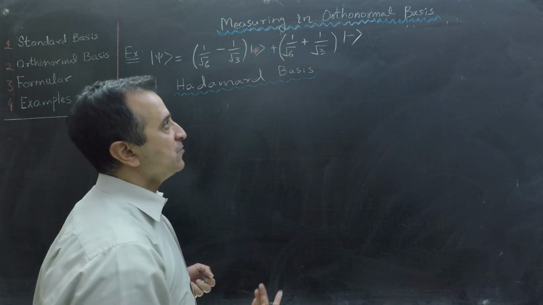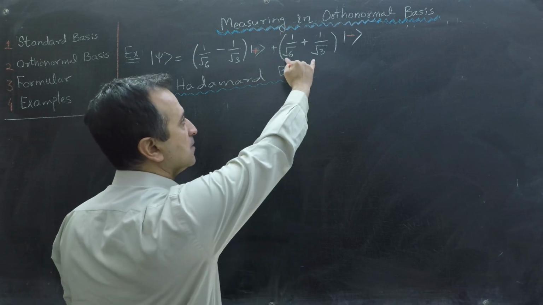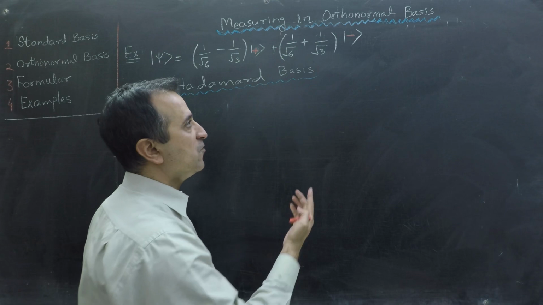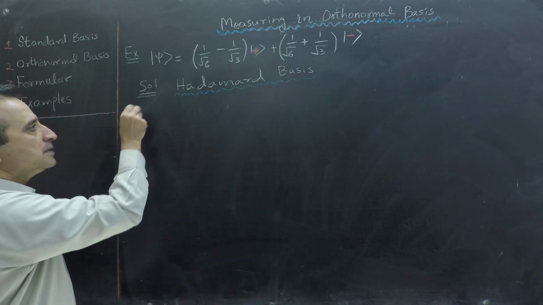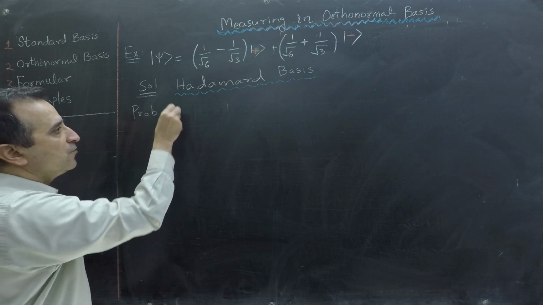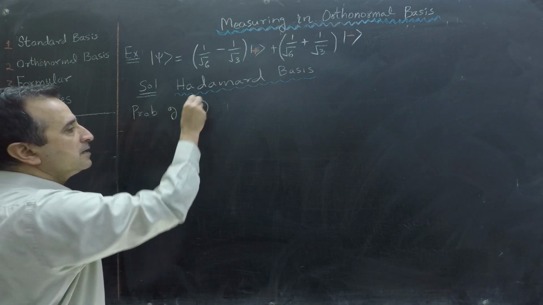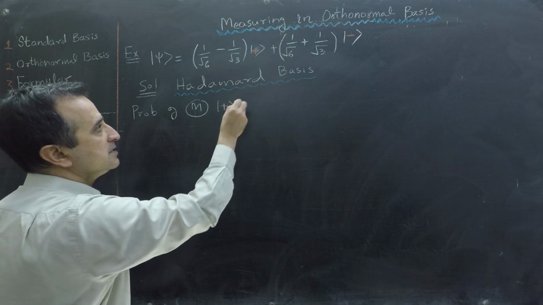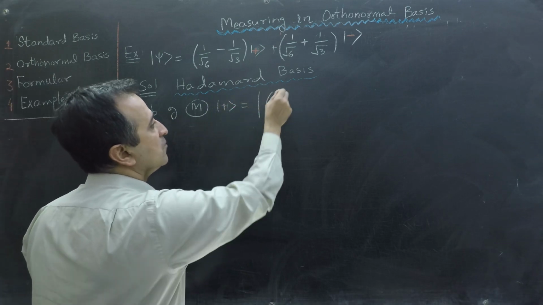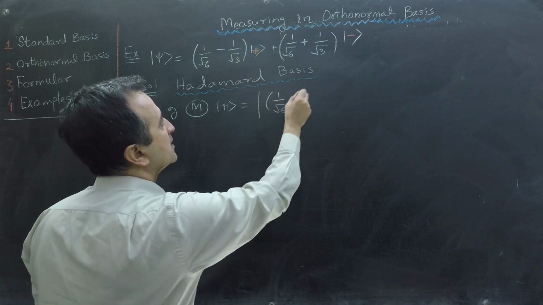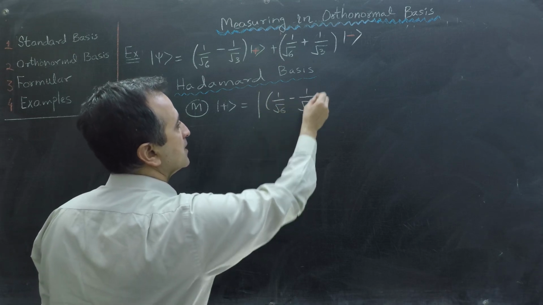And similarly, we can take the square of this term to find the probability of measuring ket minus. So our probability of measuring ket plus is equal to the square of 1 over square root of 6 minus 1 over square root of 3.